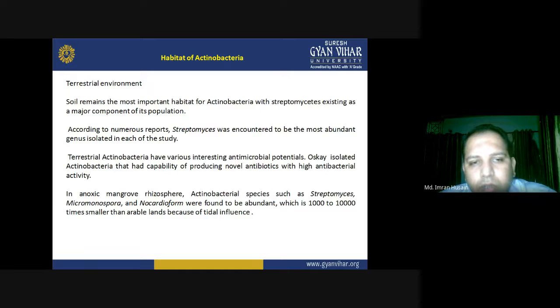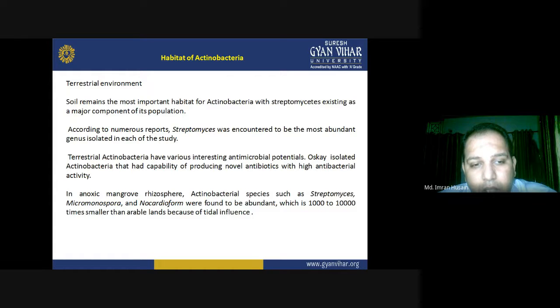According to numerous reports, Streptomyces was the most abundant genus isolated in each study, found in the majority of experiments when samples were taken from soil. Terrestrial actinobacteria have interesting antimicrobial potential. Isolated actinobacteria have shown the capability of producing novel antibiotics with high antibacterial activity.